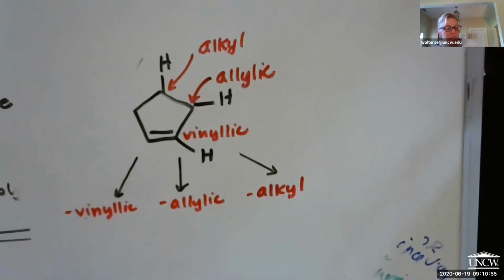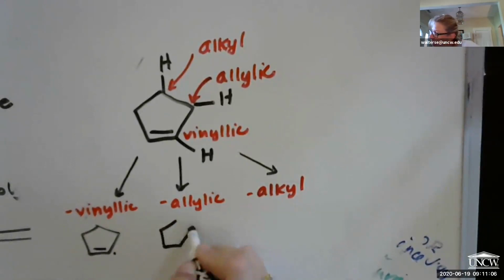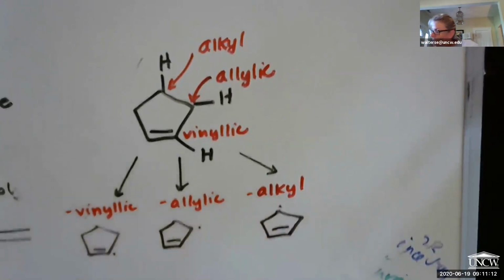And so this is the radical chapter. So it's talking about making a vinylic radical, an allylic radical, or an alkyl radical.